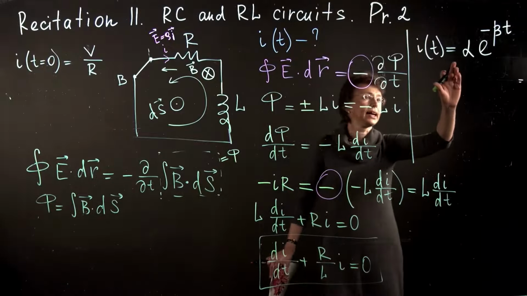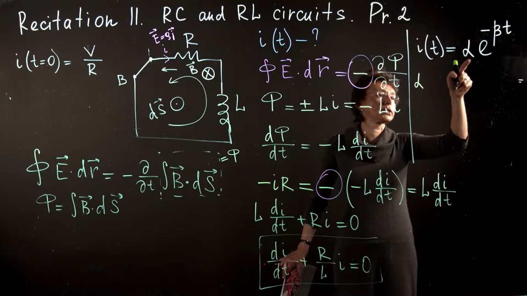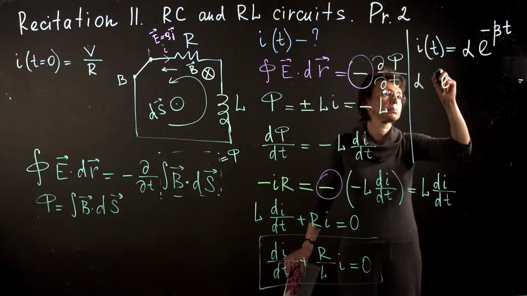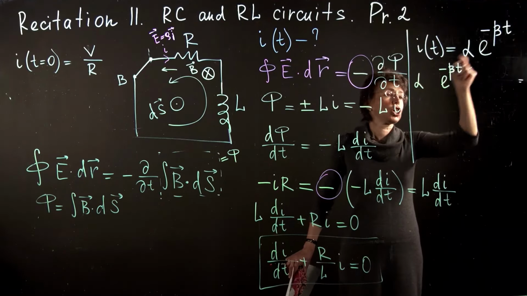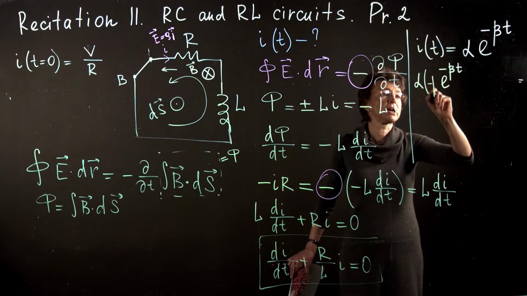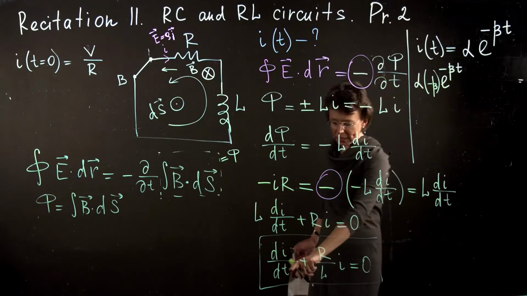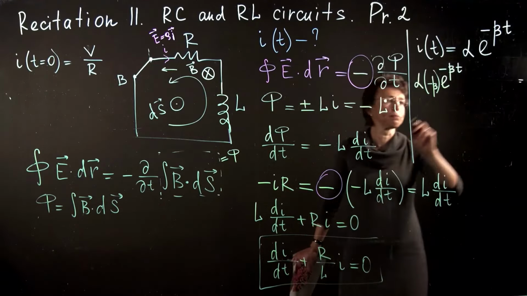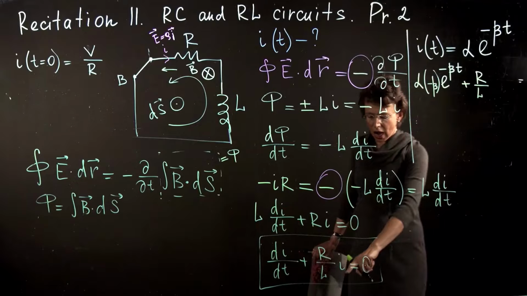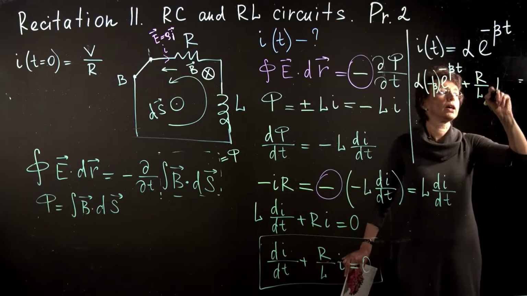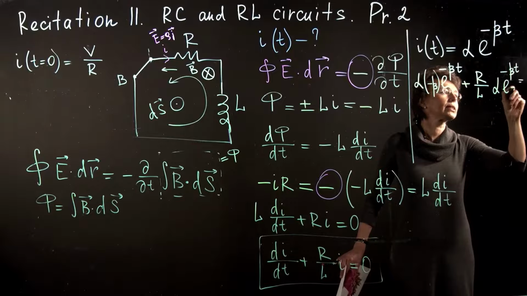What is di dt? I differentiate, I get alpha, constant, then exponential function e to minus beta t, and chain rule gives me minus beta. So it is alpha minus beta e to minus beta t, plus r over L, I, which is alpha e to minus beta t, and this is equal to 0.